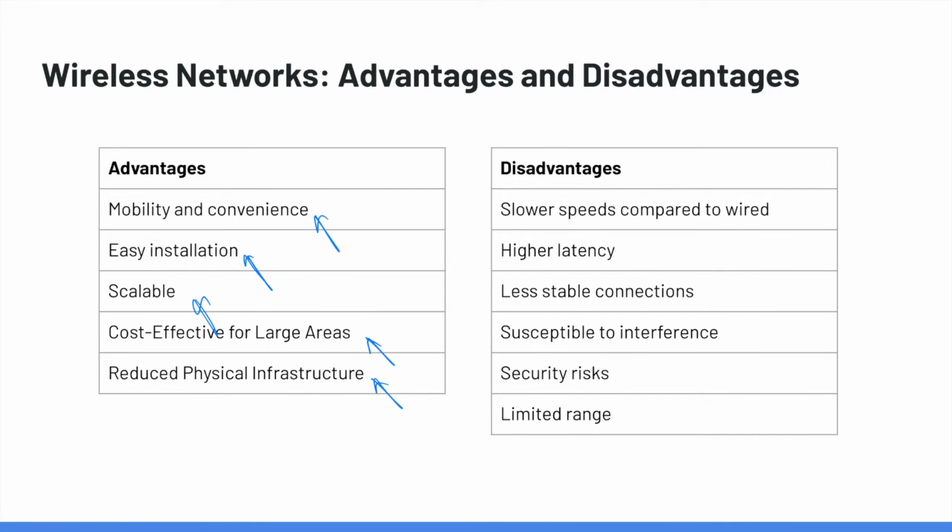However, oftentimes wireless networks are slower, meaning higher latency. So it's going to take more time to transmit data. The connection can be less stable, especially when there are other wireless networks around, which can lead to interference. There are security risks. It's easier to tap into a wireless network because you don't necessarily physically need to be connected to some network device or some aspect of the network.